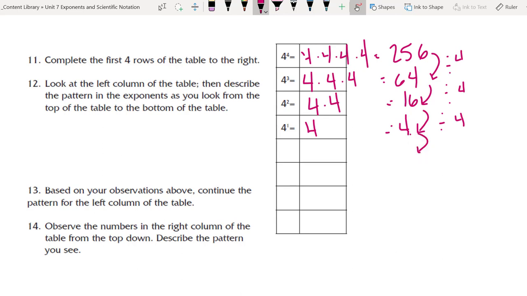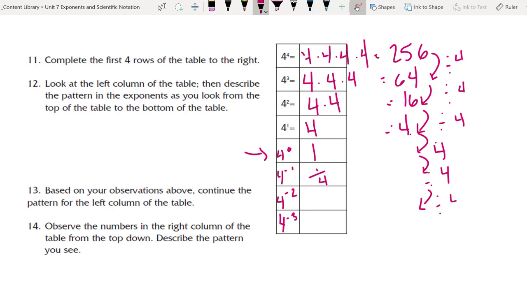So to get the rest of the table, we're going to divide by 4 here. So 4 divided by 4 is 1. Anything to the 0 power is 1. Divide by 4 again. That'd be 1/4.